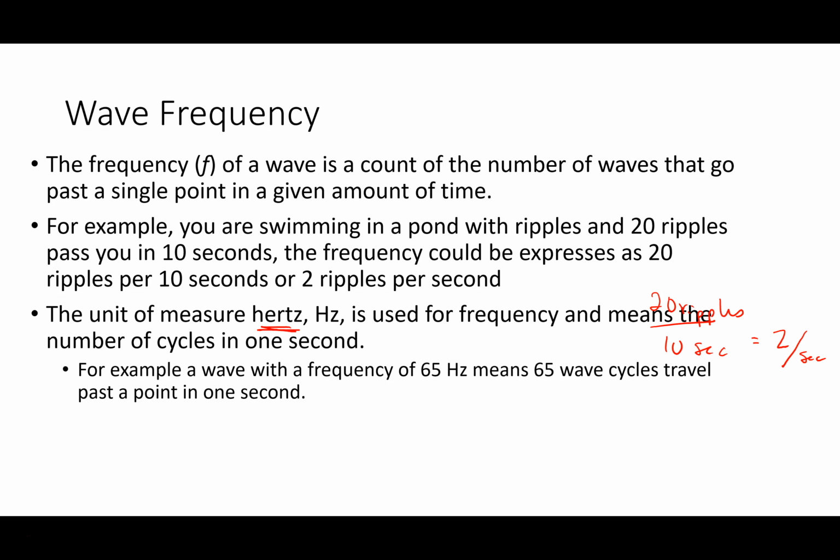Okay, so 65 hertz means 65 wave cycles per second. Now this could be a transverse wave or a longitudinal wave. It's cycles per second. It could require a medium or not require a medium. I've kind of picked on air as needing a medium to travel through, like when you're out in space, they can't hear you scream, okay?